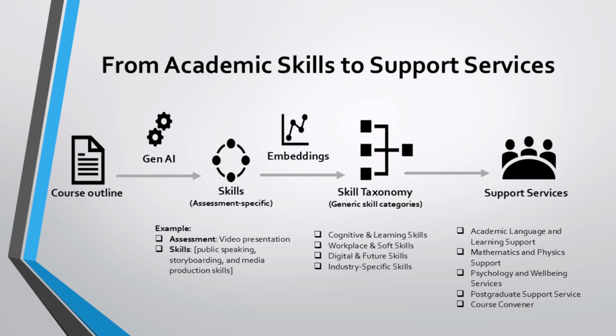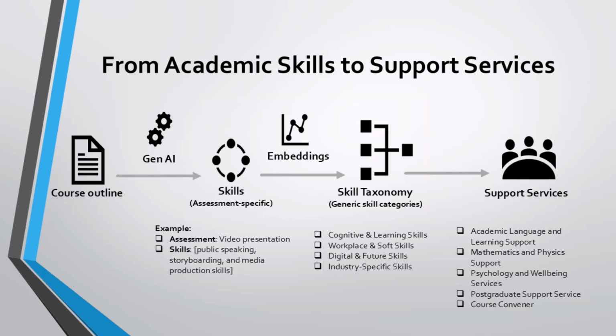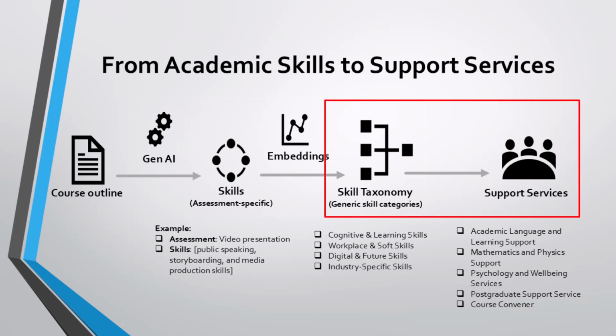The second goal is to help them close those gaps. So after we get those assessment-specific skills, we group similar ones together. To do this properly, we need something called a skill taxonomy. Basically, it gives us categories that make sense across different assessments. These categories help us connect the skills to support services.